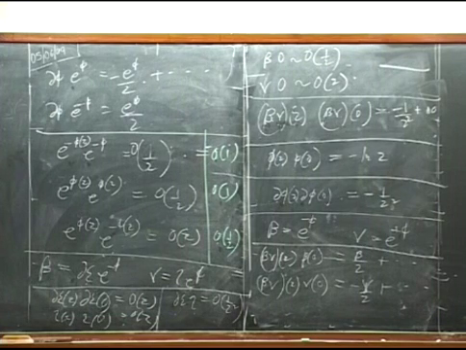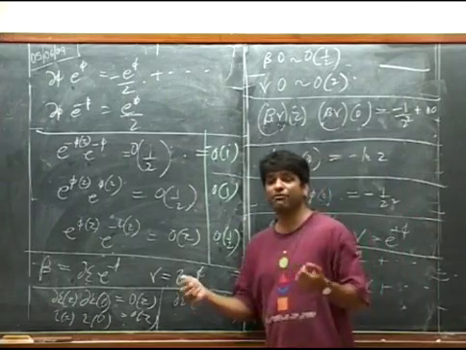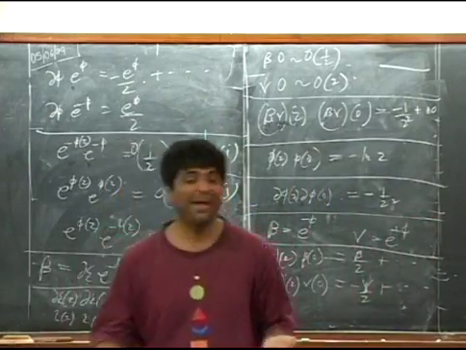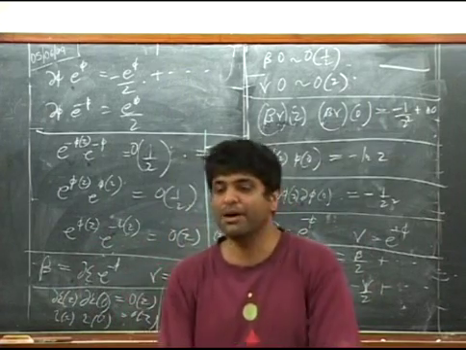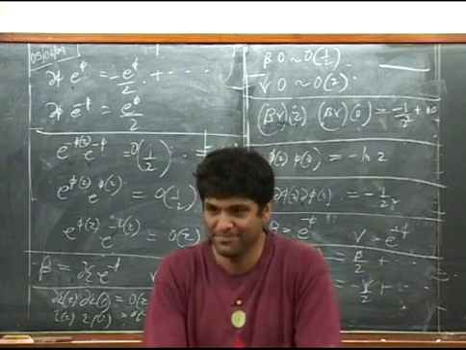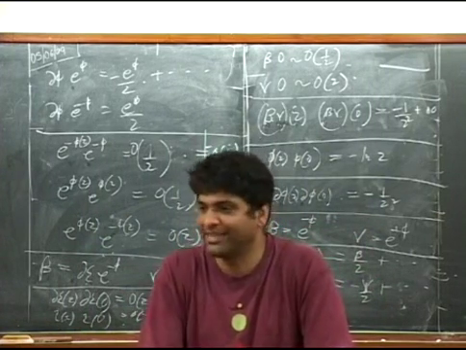Is this clear? So far we've only been looking at OPEs of basic fields with themselves. We've made no statement about what the conformal structure is, what the stress tensor is. But now we're going to change that by looking at the actual stress tensor.